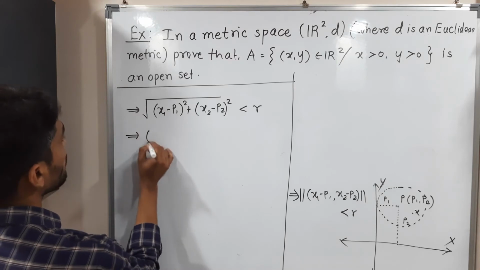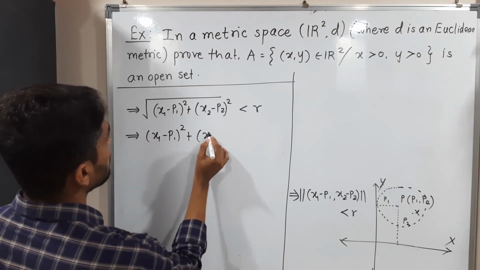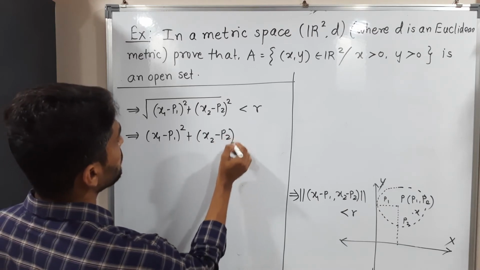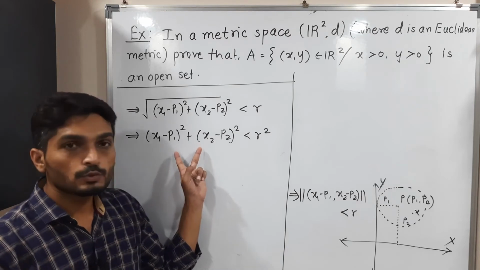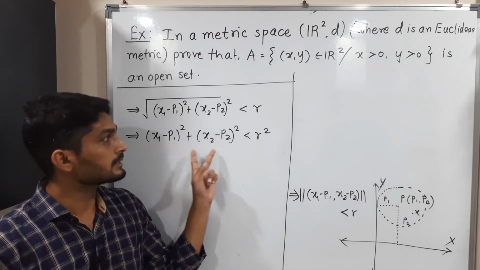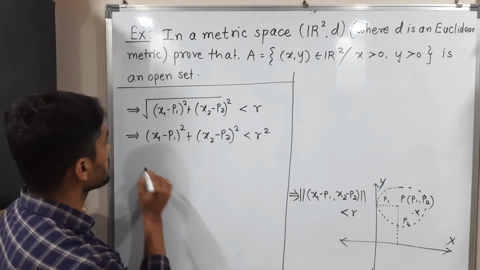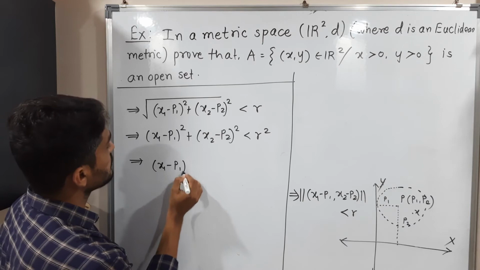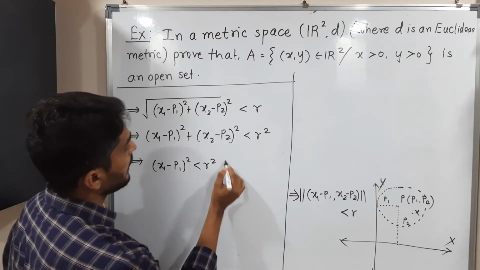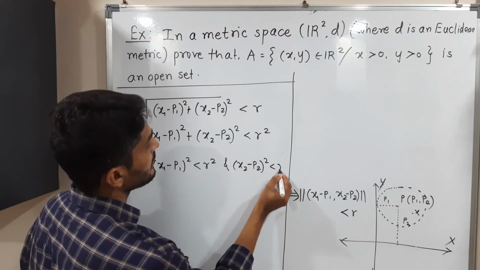Therefore (x1 minus p1) squared plus (x2 minus p2) squared is less than r squared. The sum of these two positive numbers is less than r squared, so each of them is also less than r squared. So (x1 minus p1) squared is less than r squared and (x2 minus p2) squared is less than r squared.